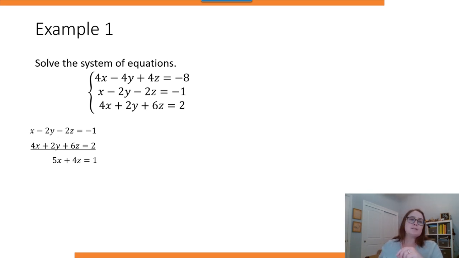So looking at this, I think if I just multiply that second equation by negative 2, then the y term will become positive 4y and will cancel with the negative 4y from the first equation. So I'm going to multiply that equation by negative 2. It gives me negative 2x plus 4y plus 4z equals 2. Be very careful with the details on this.